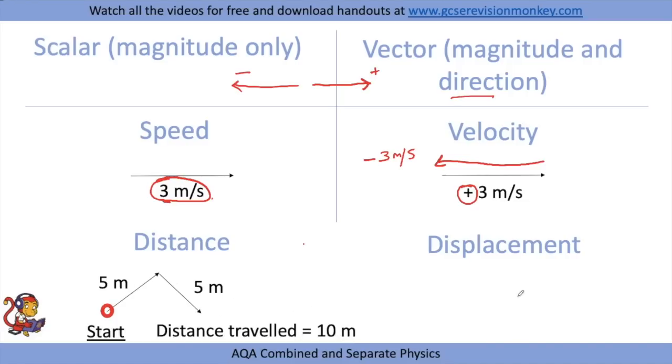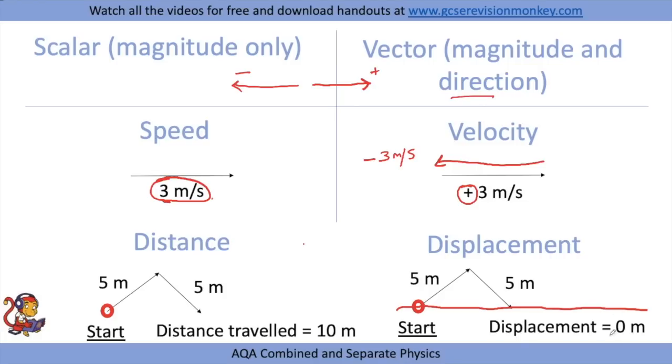However, if we look at the same scenario with displacement, with an object moving 5 meters and moving another 5 meters, because it's returning back to the same original starting point, we would actually say that there was a displacement of 0 meters because they've gone up and come back to this same starting position. So therefore its displacement is 0. So that's the difference between the scalar and vector quantities, speed versus velocity, and distance versus displacement.